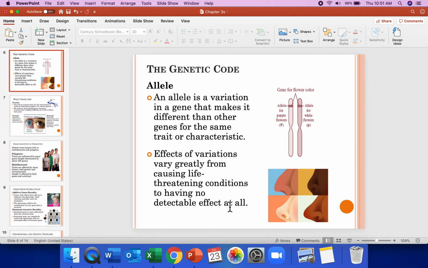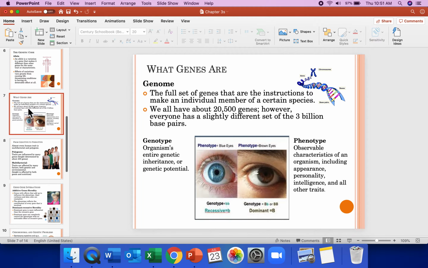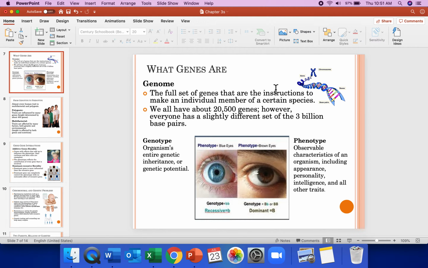So why is it important to know if you are a carrier, for example, of the sickle cell gene? Well, because then we can know how to protect you against that liability that you have inherited in your genetic makeup.